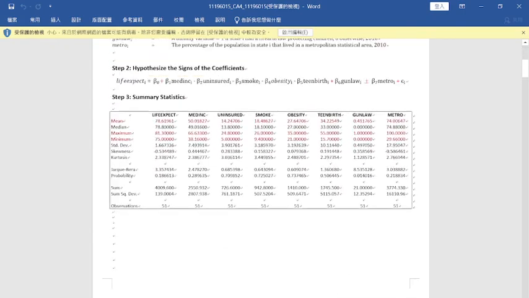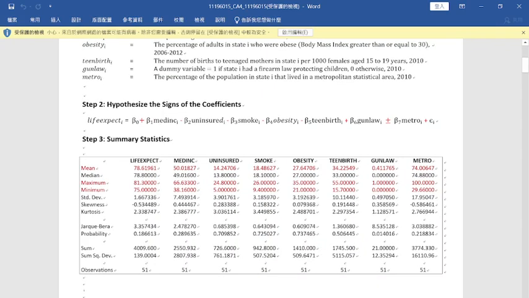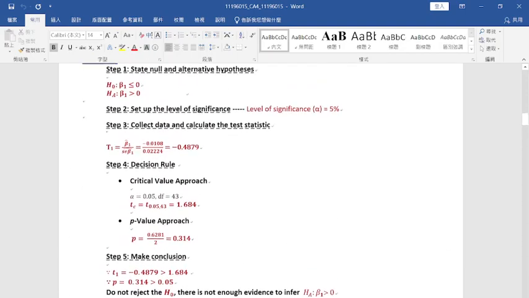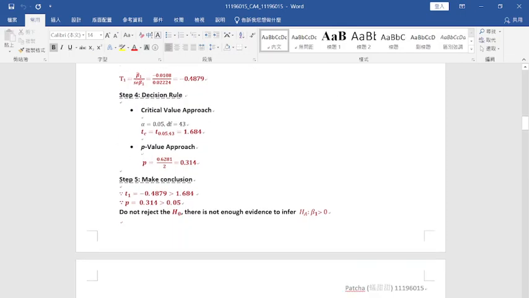For step 5 and 6, for the p-value approach, the p-value is 0.314, which is greater than 0.05.